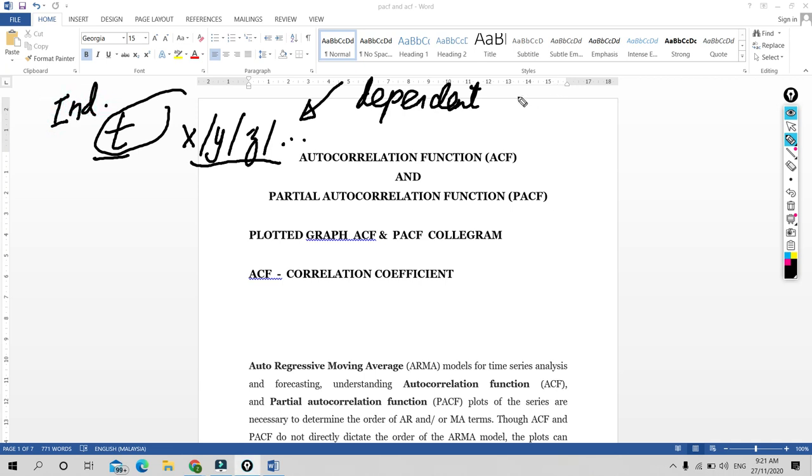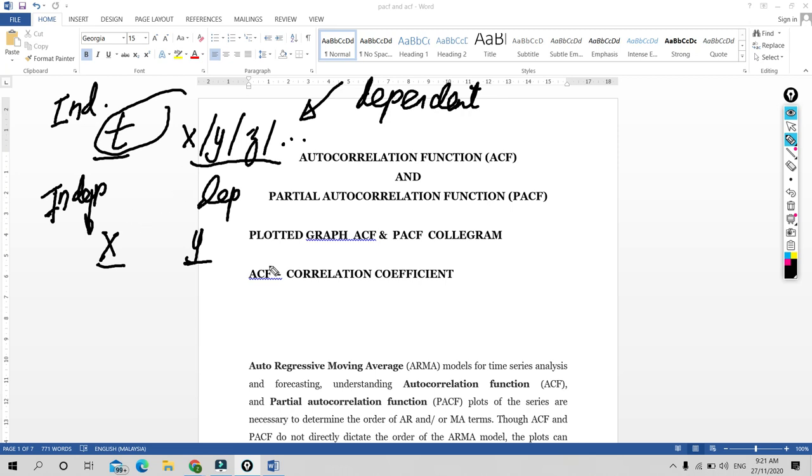Kalau kita bandingkan dengan ordinary regression, you have x and y. This is independent, and this is dependent. Tapi time series, our independent variable is time, and dependent variable is our x, y, whatever lah.